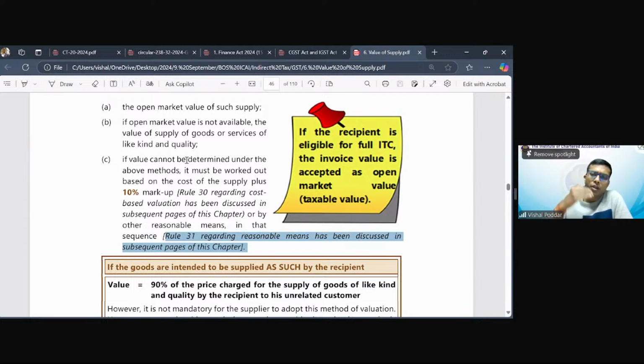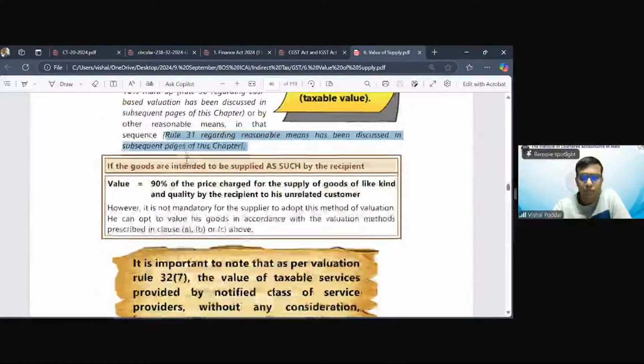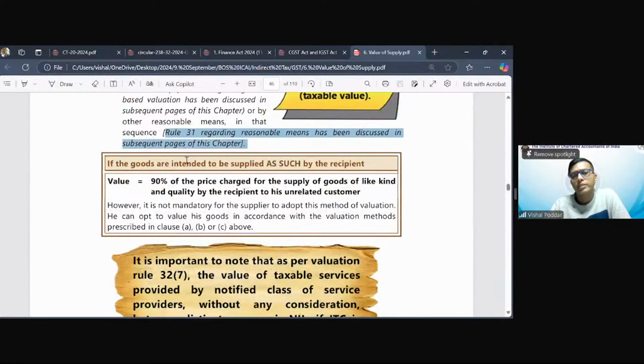So as you saw in Rule 27, we have 5 methods, out of which the second method of Rule 27 is missing over here. So here we have only 4 methods. My value charged to others, or the fair market value, or my costing plus 10%, or best judgment. Now, here there is an interesting point.